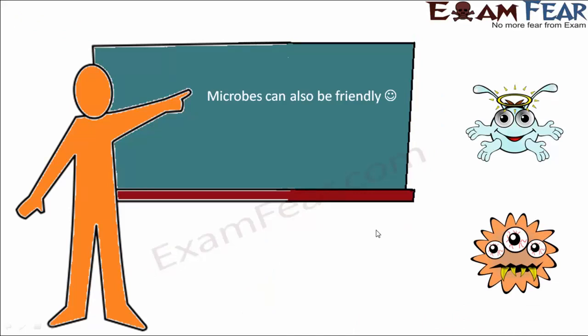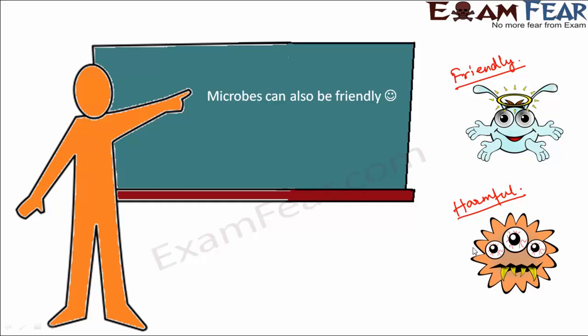So there are two categories of microorganisms. One is the good microorganisms or the friendly microorganisms, and the other category is the harmful microorganisms. So these harmful organisms are the ones which are to be scared of. They can cause diseases, they can make us ill, but the friendly microorganisms are not going to harm us.